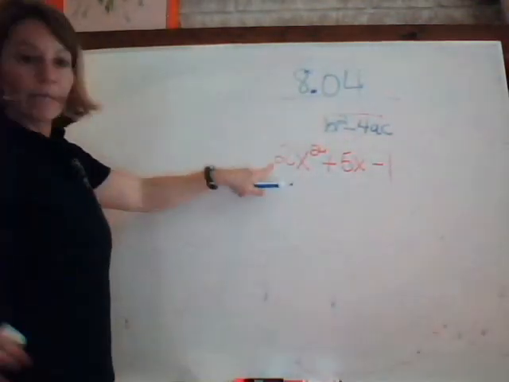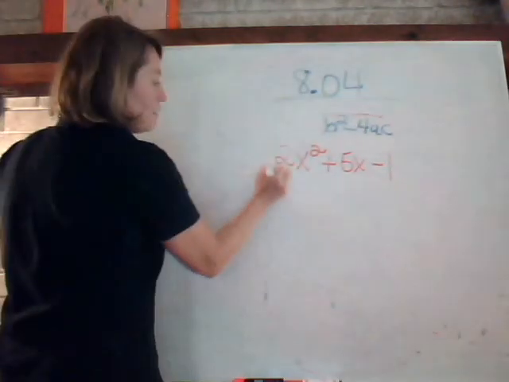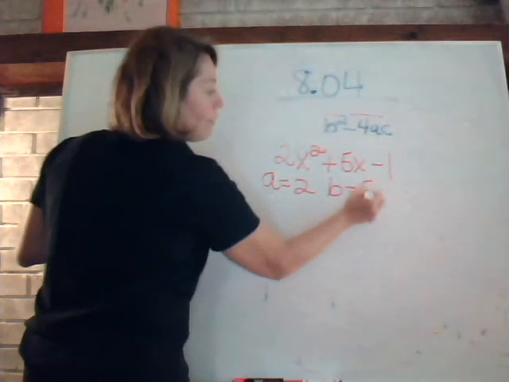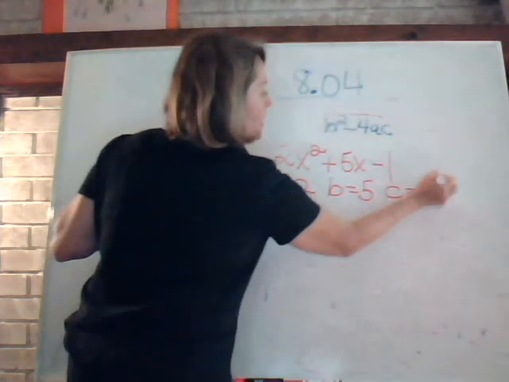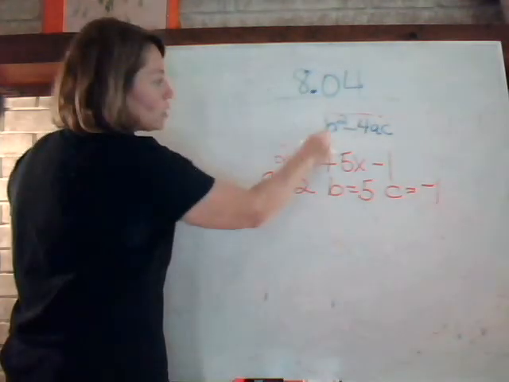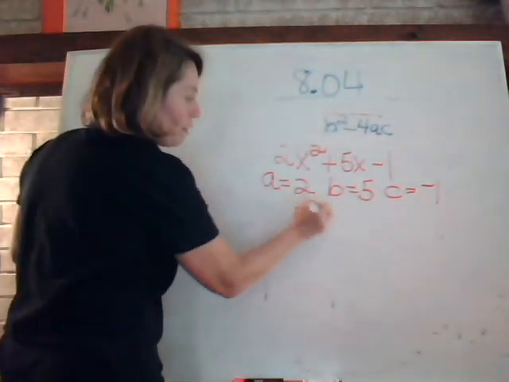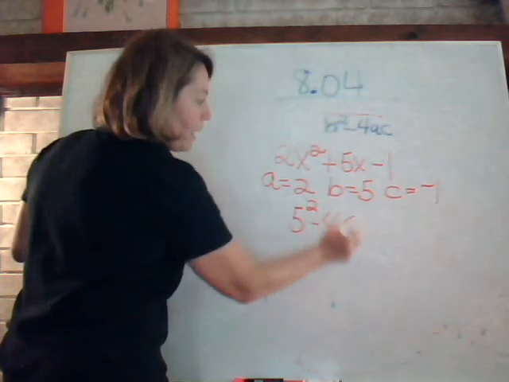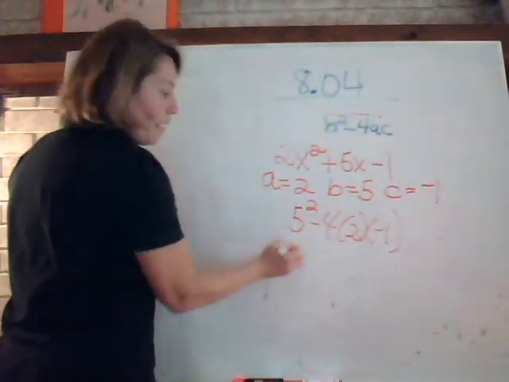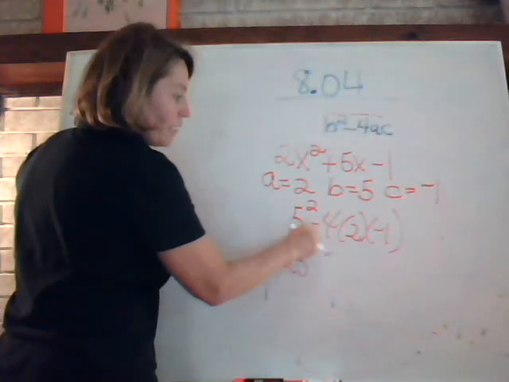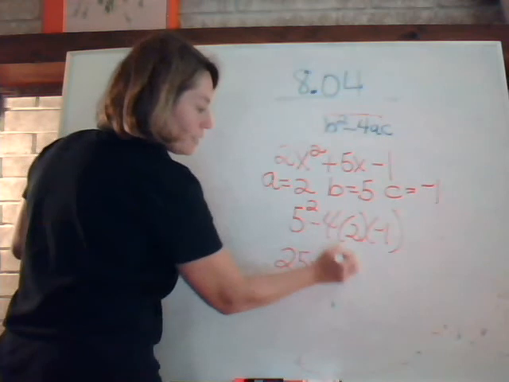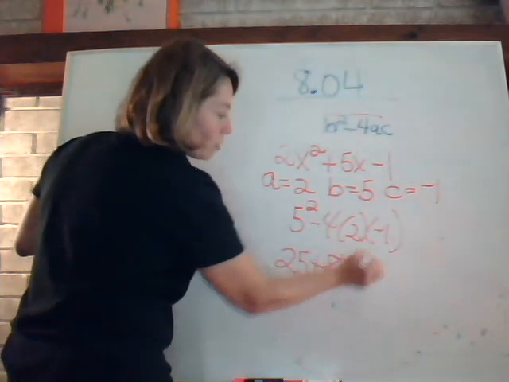What are my a, b, and c? Well, a is 2, b is 5, and c is negative 1. All I'm going to do is plug and chug. b squared, 5 squared, minus 4ac. 25, negative times a negative is a positive 8. That means my discriminant is 34.